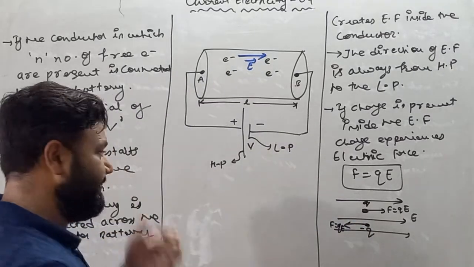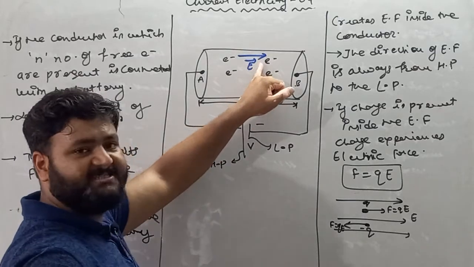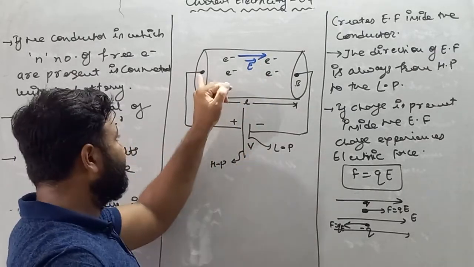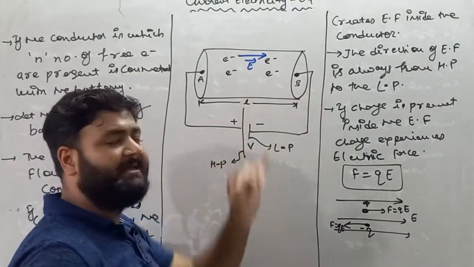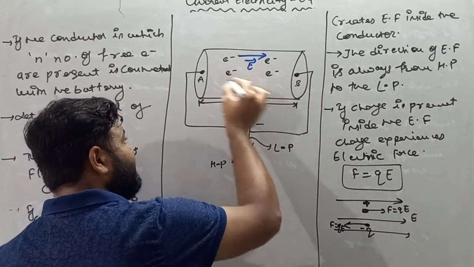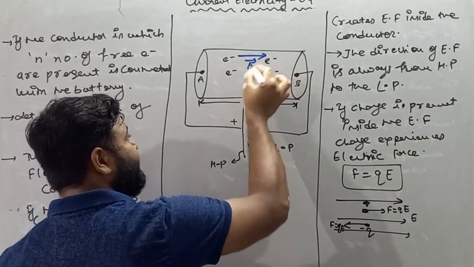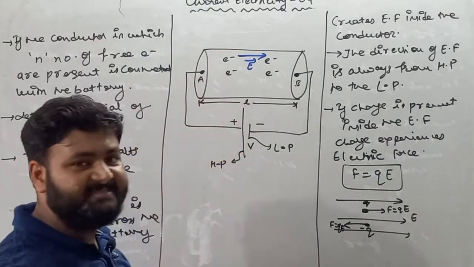So see, my dear student, here in this conductor, electric field is generated by the battery from A to B, as A is of higher potential and B is of lower potential. And we all know that the electrons are present inside the conductor and the battery creates electric field inside the conductor.